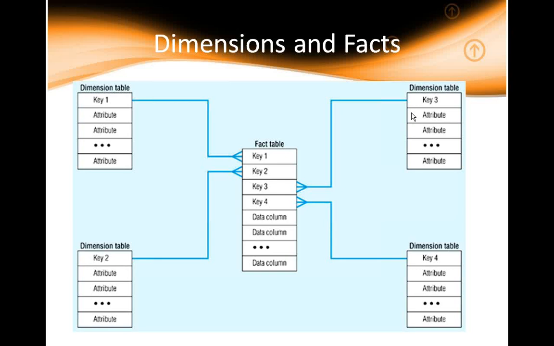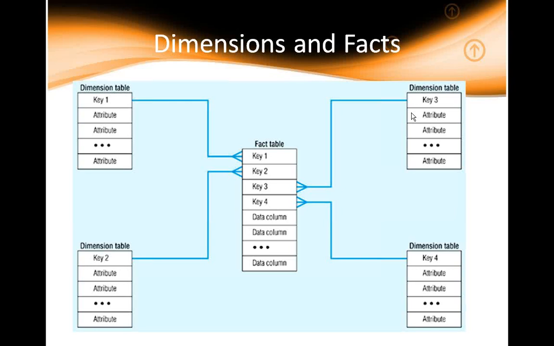Suppose we have 3 dimension tables: the customer dimension table, the store dimension table, and the product dimension table. If a customer makes a purchase in a particular store, of a particular product, all these 3 pieces of information are available in the dimension tables. But the actual quantity he bought, the price of the product, and how much he paid will be stored in the fact table, right?